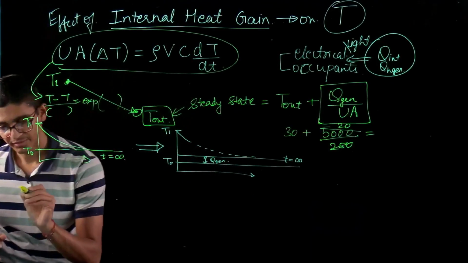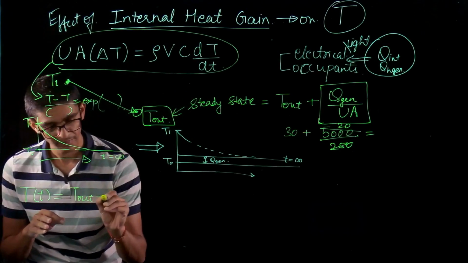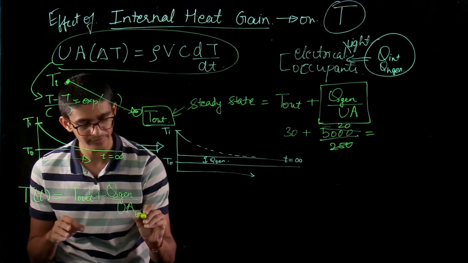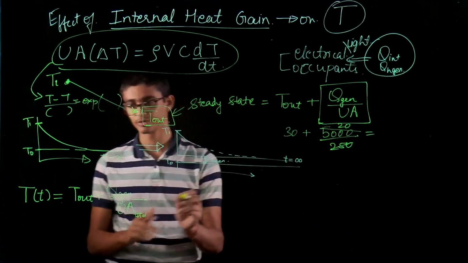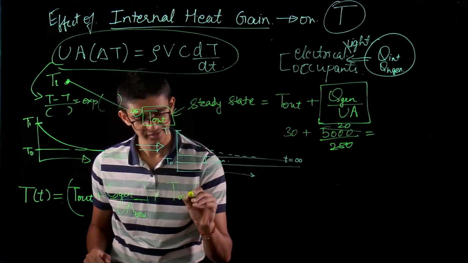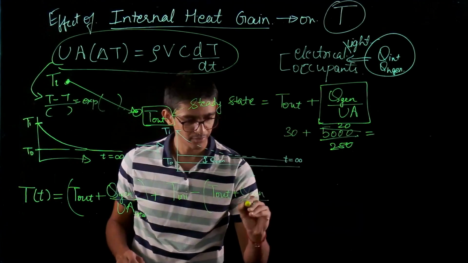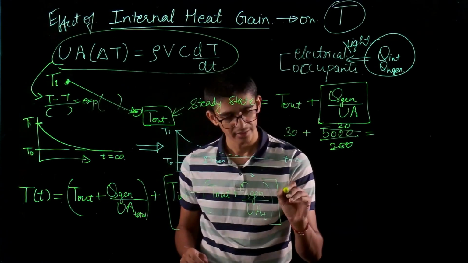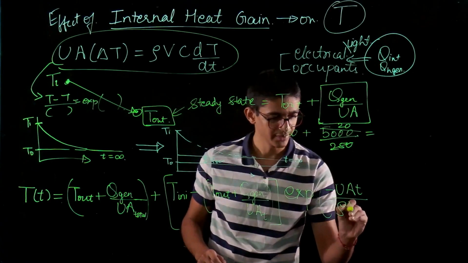So my final equation now will be: T at some time t equals T out plus Q gen upon UA, where this UA is UA total from the walls, windows and all those calculations, plus T initial minus T out plus Q gen upon UA total, into exponential of minus UA t upon rho VC.